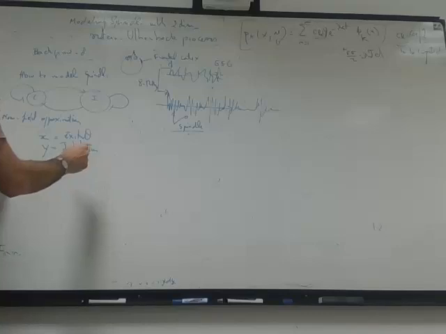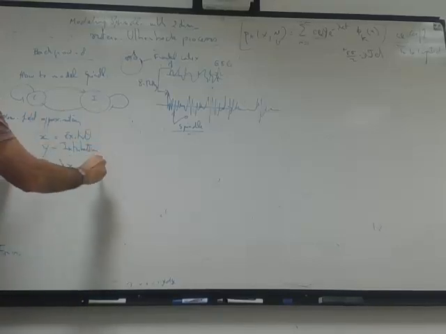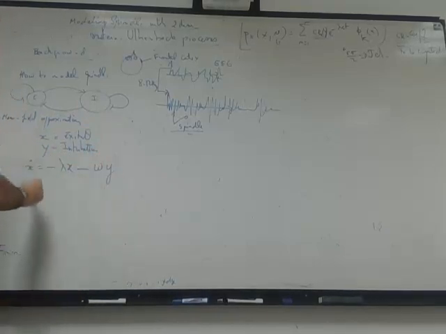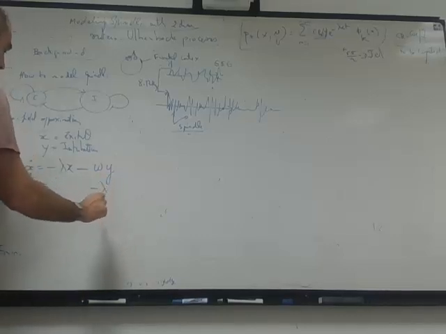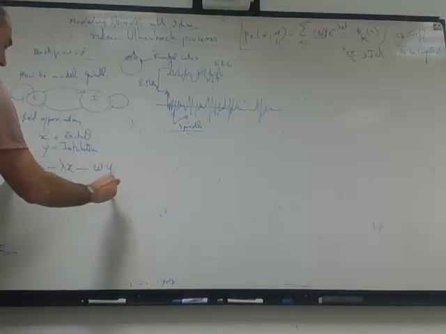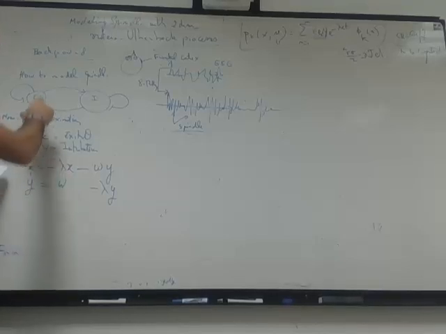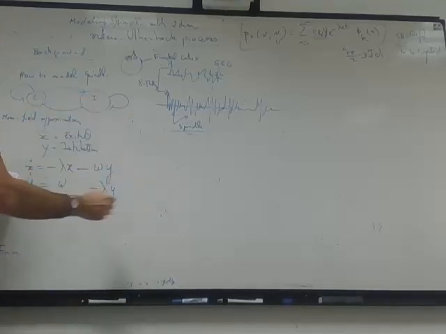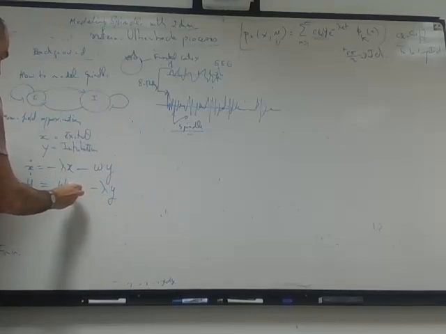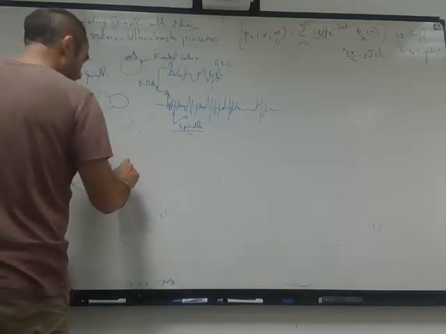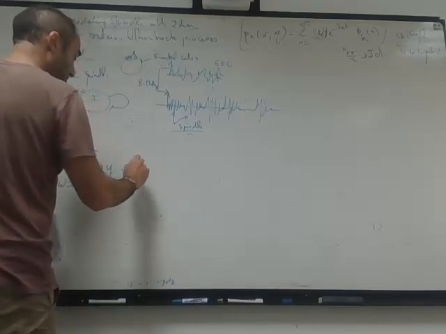But then you can have a negative stimulation from the inhibitory, so you have minus omega y. And you can have the same for the inhibitor: the inhibitors are going to be inhibited with a lambda y, and plus they are going to be excited by the excitator.